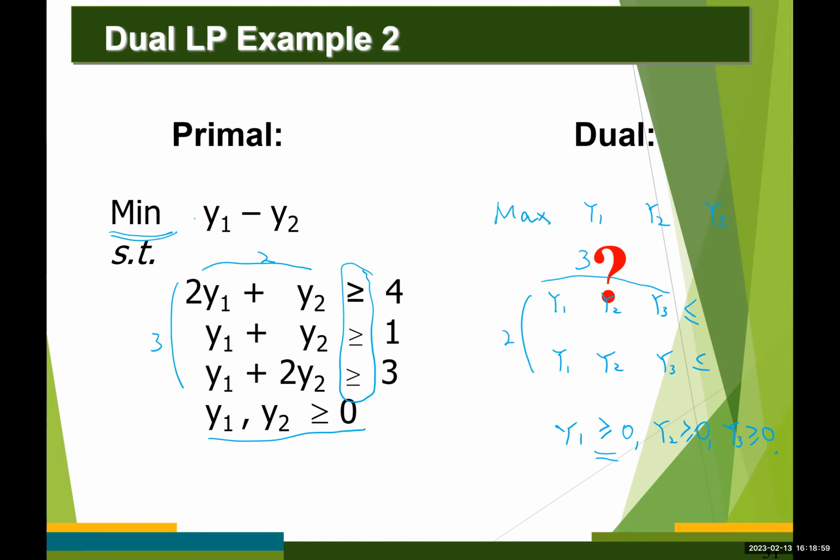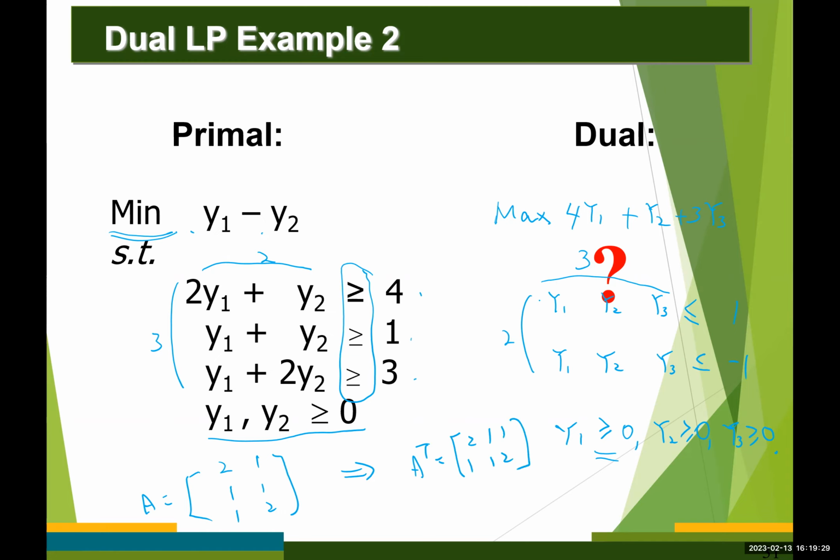And then the objective coefficient values, 1, -1, become the right-hand side values. 4, 1, 3 become the objective coefficients. And the constraint coefficient matrix, which is 2, 1, 1, 1, 1, 2, becomes the A transpose matrix, 2, 1, 1, 1, 1, 2, right?